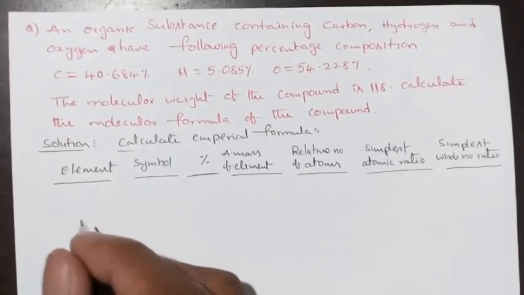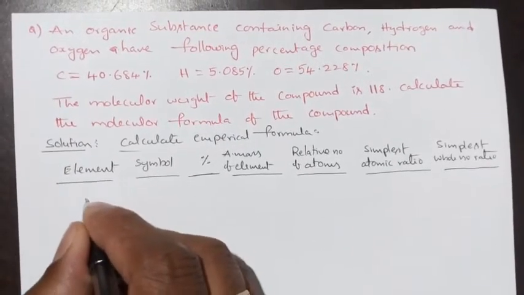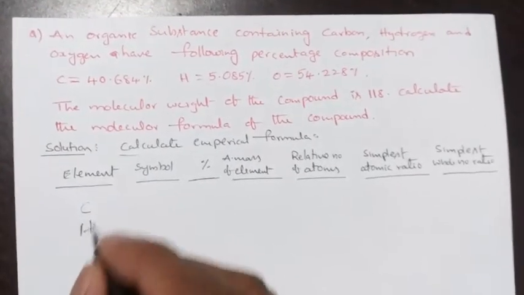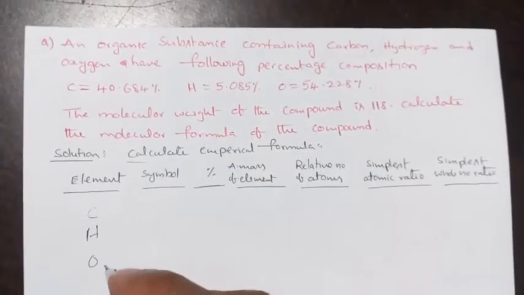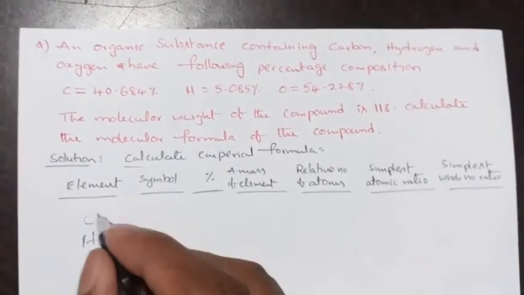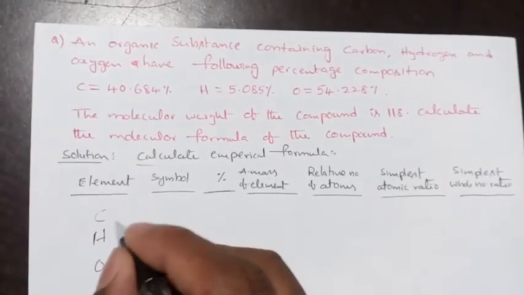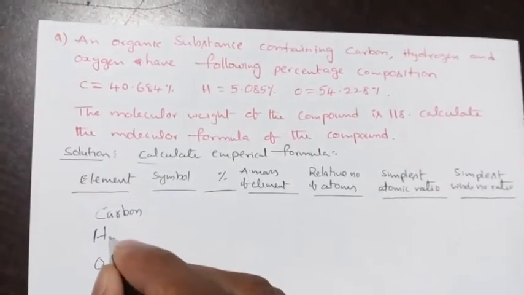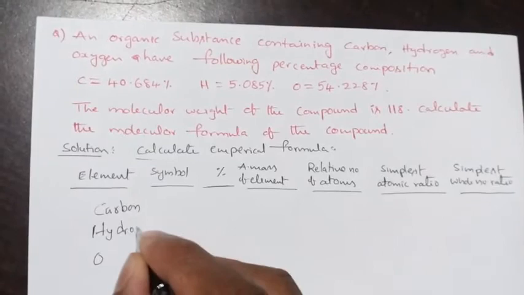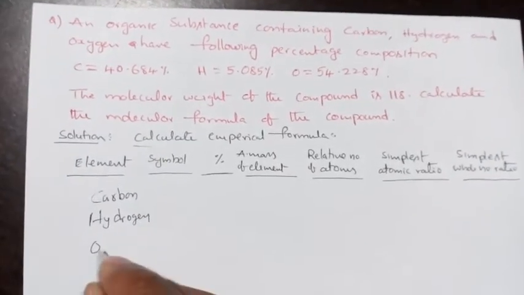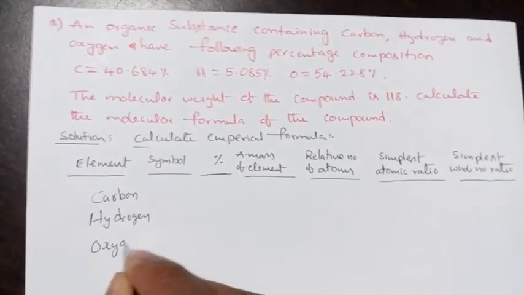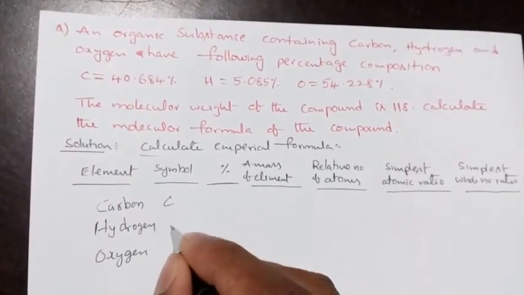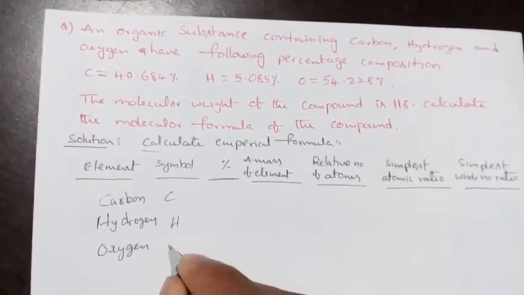Here the elements given are carbon, hydrogen, and oxygen. Symbols will be C, H, O.